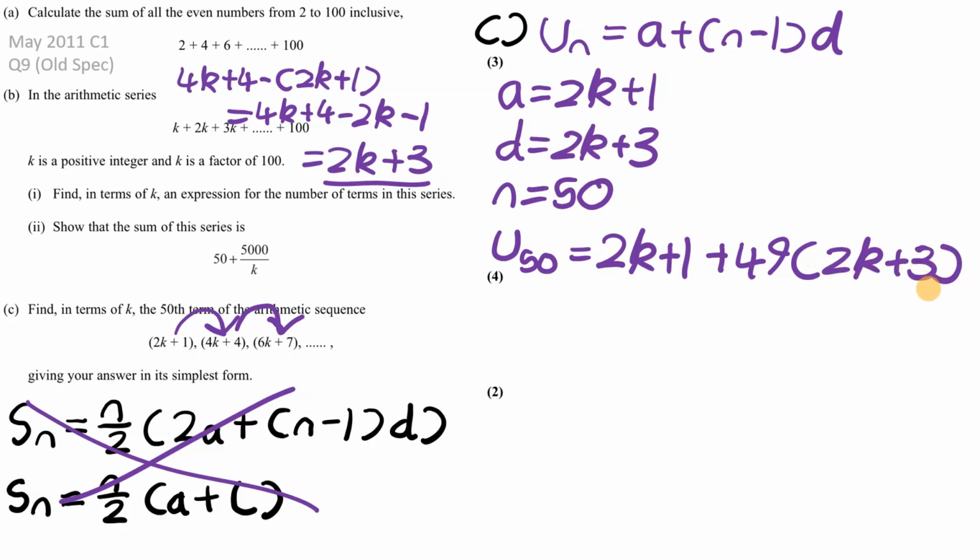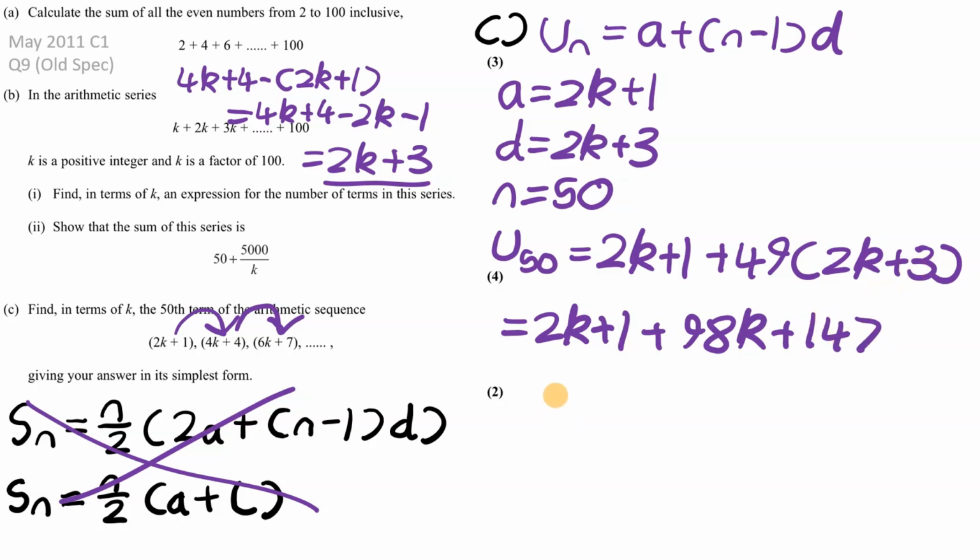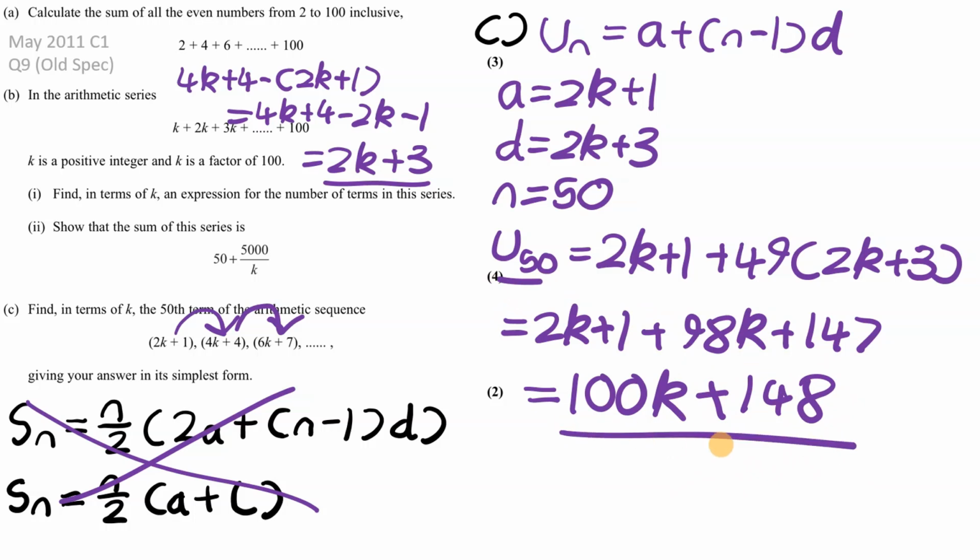We need to write this in its simplest format, so this is going to be 2k plus 1 plus, and then 49 times 2k is going to be 98k, and then 49 times 3 is going to be 147, and this is going to be equal to 2k plus 98k, which is 100k, and then 147 plus 1 is 148. So this here is the 50th term in its simplest form.